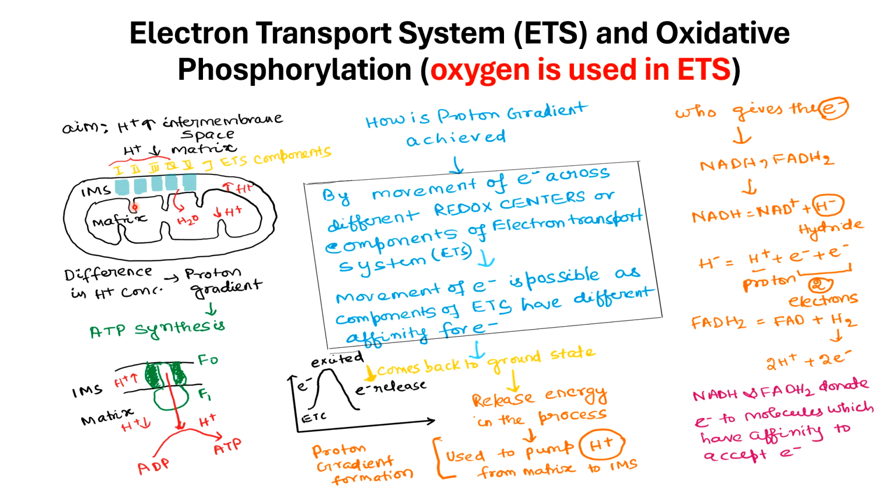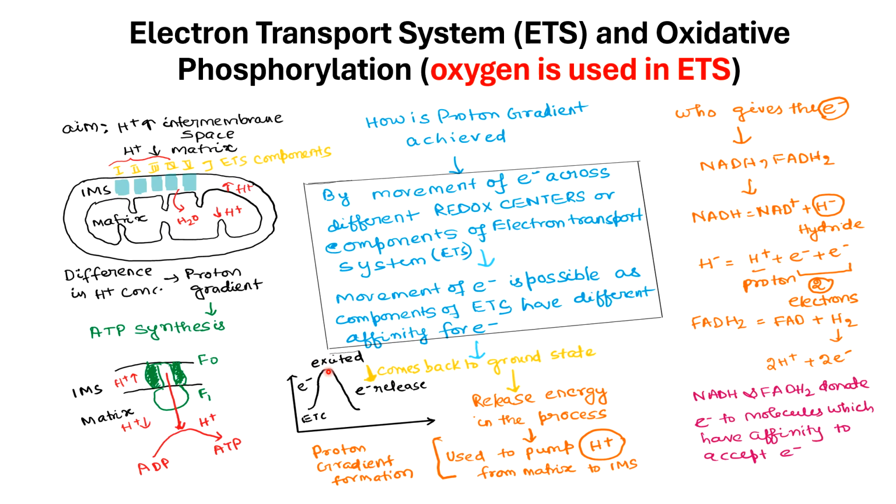They are nothing but the components of the electron transport system, or the components of the ETC. So the movement of electrons across the electron transport system causes the proton gradient to build up. As the components of the electron transport chain receive the electrons, they become excited, and a molecule does not want to be in its excited state.